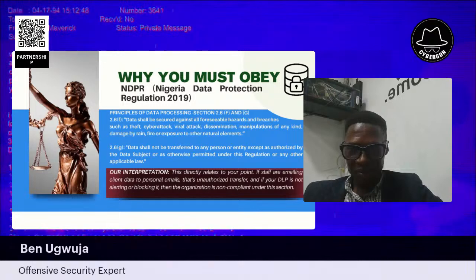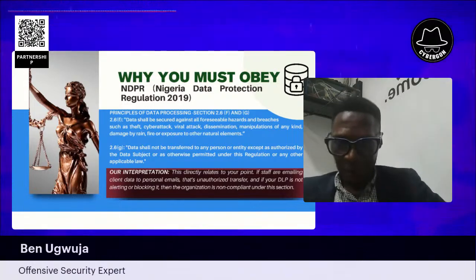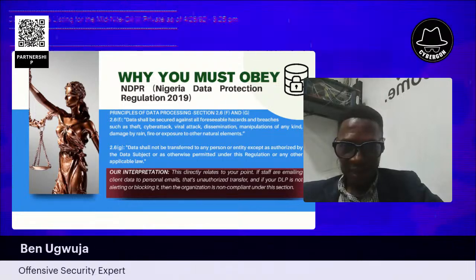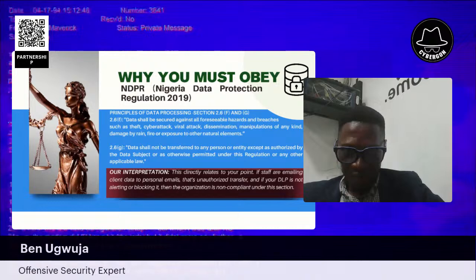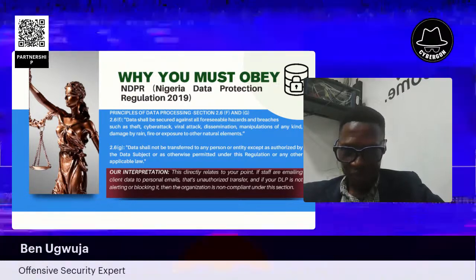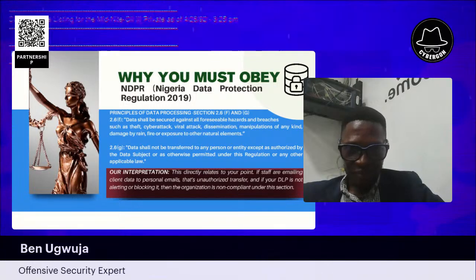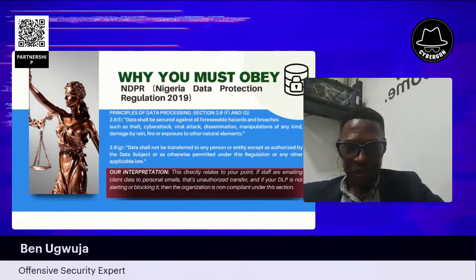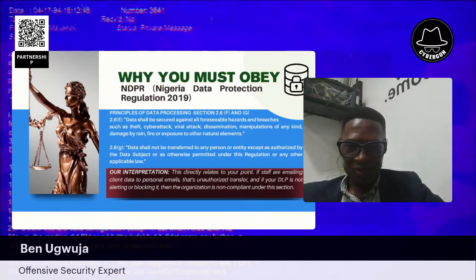Look at this. This is 2019. National Data Protection Regulation 2019. You can see that. That's the principles of data protection. That data shall be secured against all hazards and breaches, such as theft, cyber attack, dissemination, manipulation of any kind, damage by rain, exposure, or any natural elements.